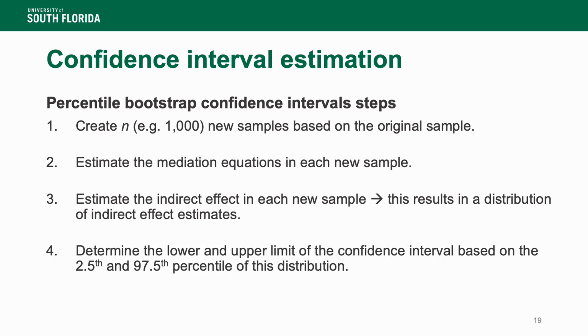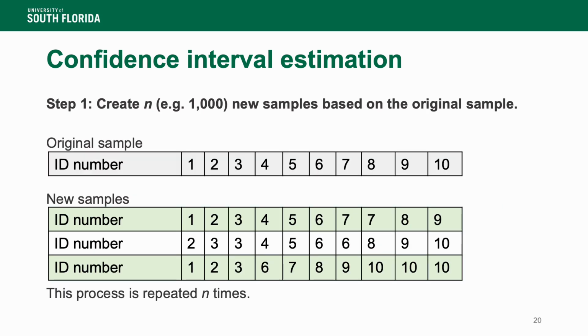Then based on this distribution, we determine the lower and upper limit of the confidence interval using the 2.5th and 97.5th percentile of the distribution. So let's go through each of these steps in more detail.